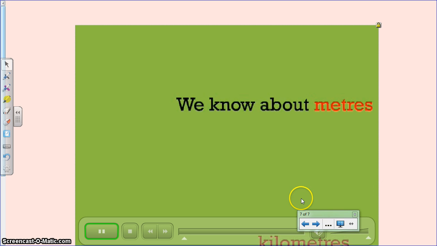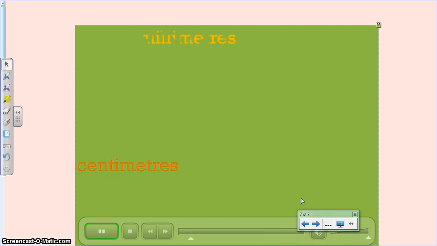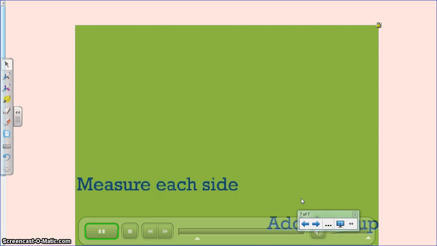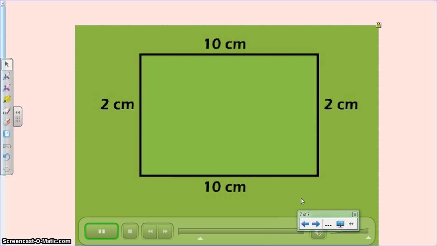Now that we learned how to measure in centimeters and meters, and we talked about inches and feet, that's right. Now we're going to talk about perimeter. You have to measure each side, add them up, and we find perimeter.